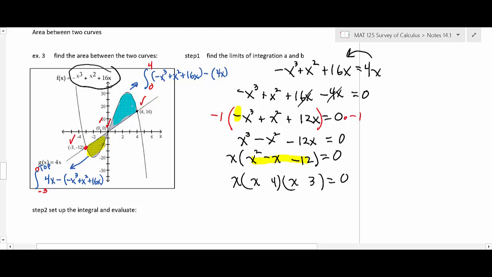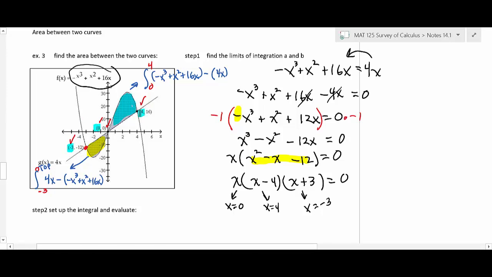How do the signs go? x minus 4, x plus 3. Good, x minus 4, x plus 3. What are the three answers? 0, 4, negative 3. Yeah, that's x equals 0. This is x equals 4. That's x equals negative 3. So if you look at my diagram, you can tell there's negative 3, there's 0, there's 4.